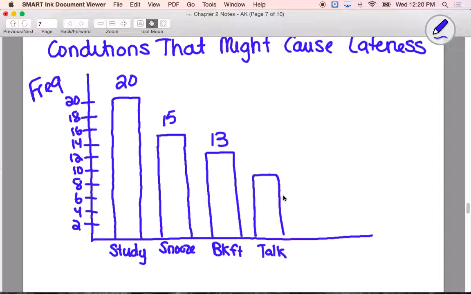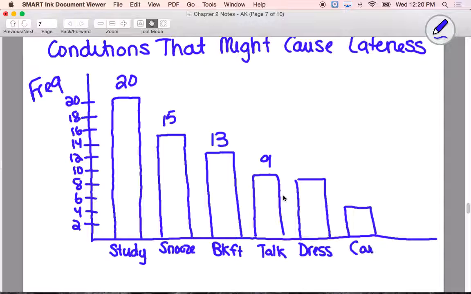That has 8. I'll write dress for that one. The car has trouble, then, for 5. And then the last one is other for 3.